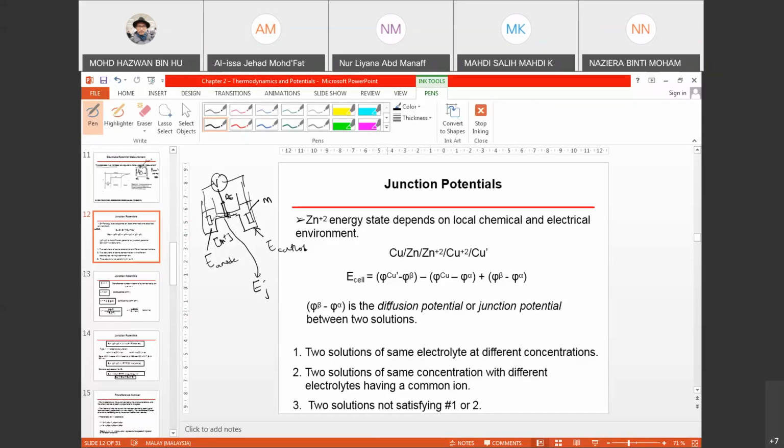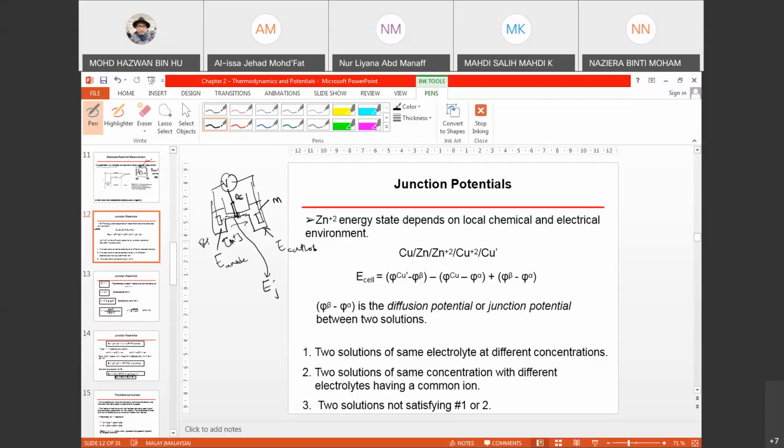So, the two solutions of the same electrolyte at different concentrations: you have one compartment with slightly higher concentration and another with a lower concentration. This will create a gradient or movement. All right. The third is solutions of the same concentration with different electrolytes having a common ion. For example, maybe over here you have what?